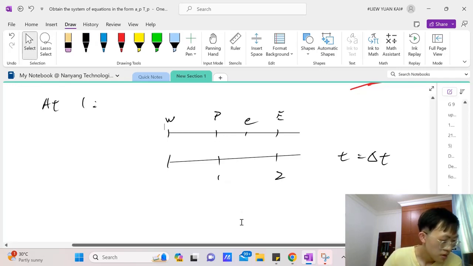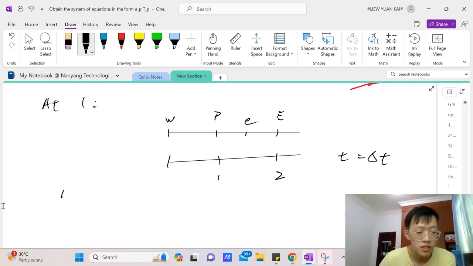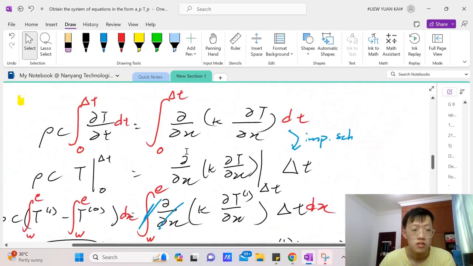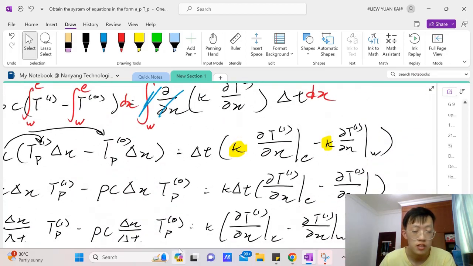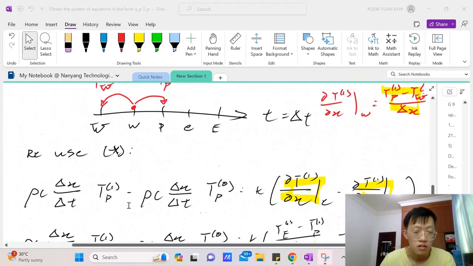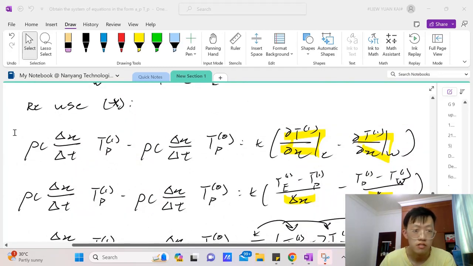Again, we need to reuse equation star. Let's go ahead and recopy that equation. Okay, this is equation star.